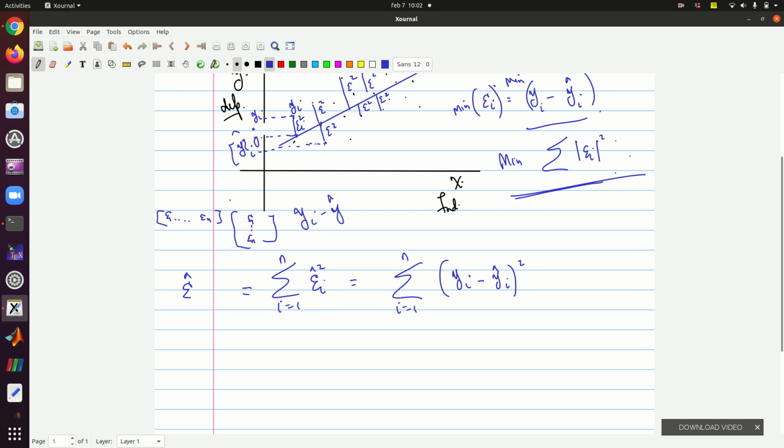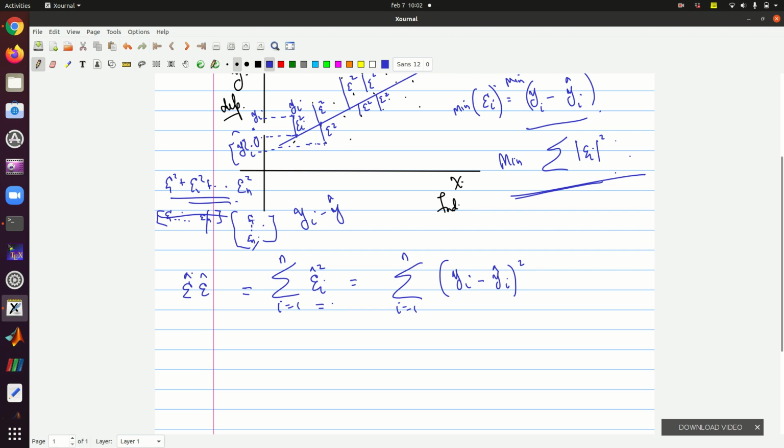If we just do this column and row vector multiplication, this row by this column, what we are going to have is epsilon 1 squared, then epsilon 2 squared, plus and so on to the product of this and this, which is epsilon n squared. So we are going to write it as the product of these two vectors.